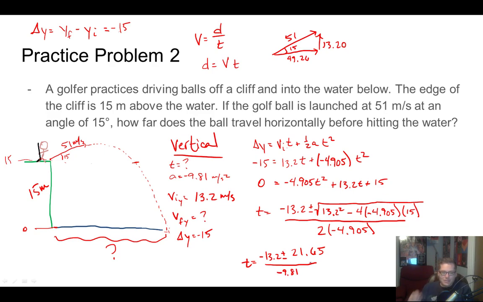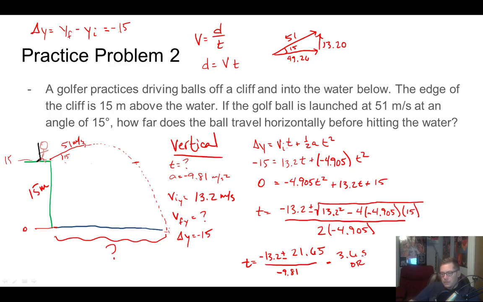Now we have to think about this. One of these values is going to be a positive value, and one of them is going to be a negative value. If we take negative 13.2 and we subtract 21.65 and then divide by negative 9.81, we get 3.6 seconds.